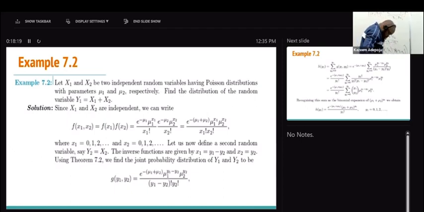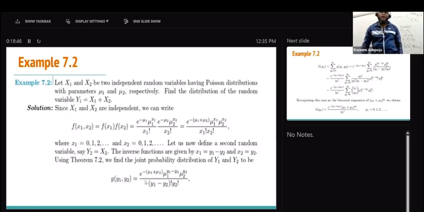So in essence, anywhere I see x1, I'm going to put y1 minus y2. Anywhere I see x2, I'm going to put y2. That is what led to g of y1, y2. Any question? That is what led to g of y1, y2 that you see here.